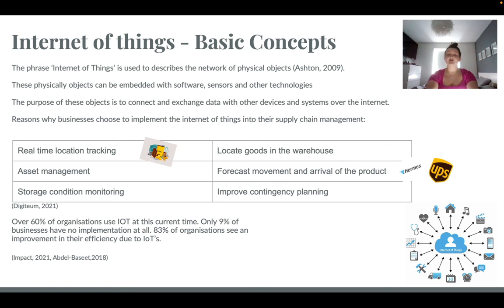This is achieved by the exchange of crucial data with other devices, systems, and even people through the use of the internet. There are countless reasons why the modernization of supply chains in the form of the Internet of Things takes place. The first being that it allows for real-time location tracking.